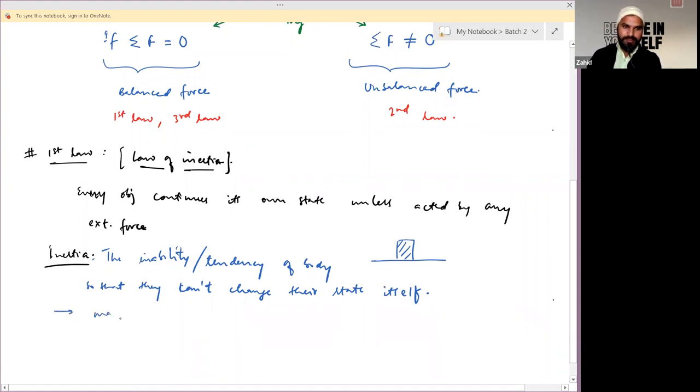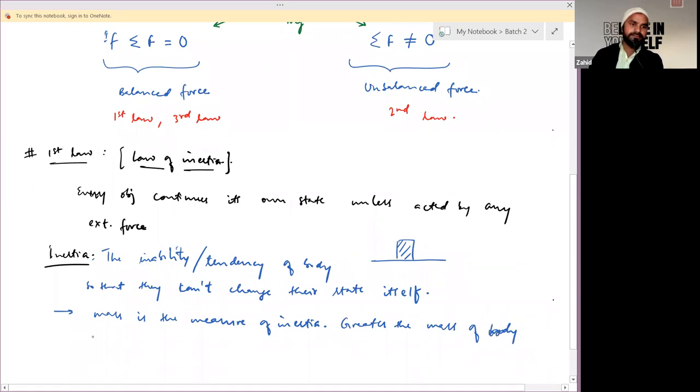So we can say mass is the measure of inertia. Greater the mass of body, it will have greater moment of inertia. Greater the mass of body, greater will be its inertia.